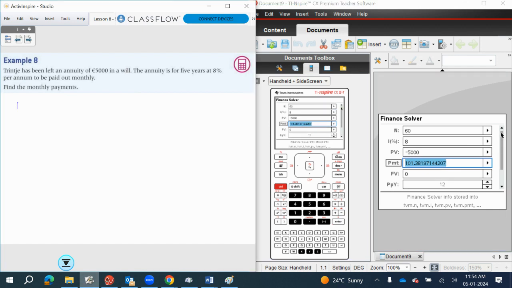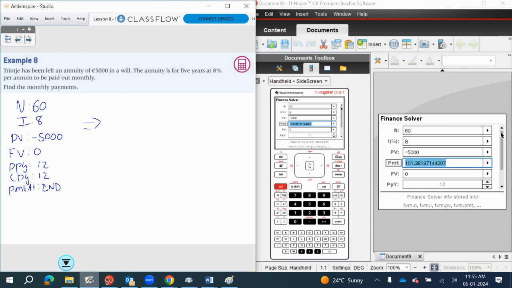So let's just type that one up. We get N at 60, interest rate at 8, present value at minus 5,000, future value at 0, payments per year 12, compounding periods per year 12, and the payment at the end of every period.